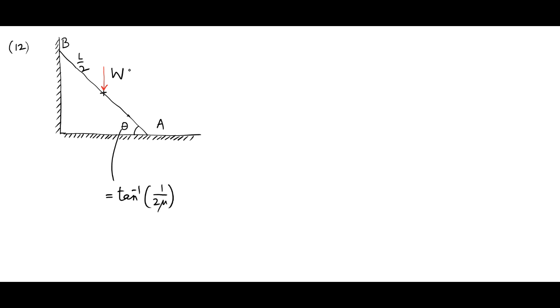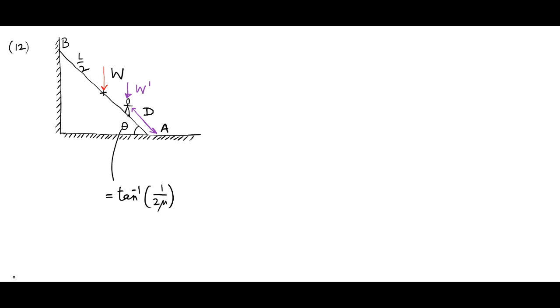That is, the ladder is on the verge of slipping when the man is, let's say, at this point somewhere over here. The man's weight is given to be W dash, so it acts through his CM, W dash, and we have to find what is this distance, which I'll call, let's say, D, such that the ladder is in limiting equilibrium.